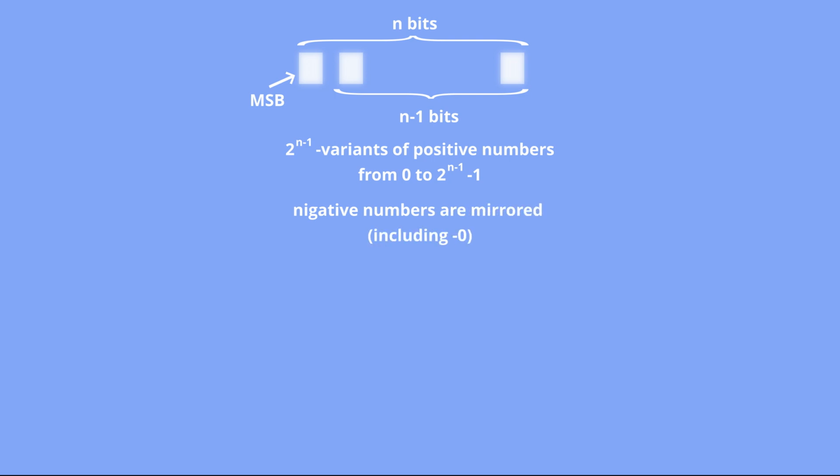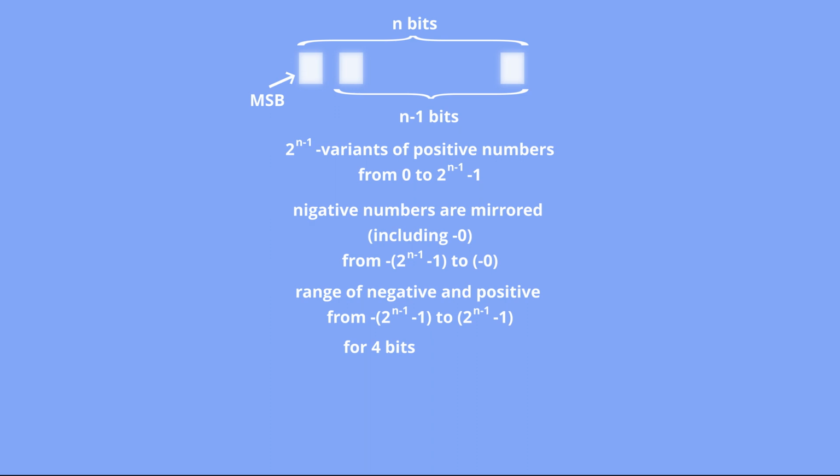So we can represent negative numbers from minus 2 to the power of n-1 minus 1 to negative 0. So total range is from minus 2 to the power of n-1 minus 1 to 2 to the power of n-1 minus 1. For example, for 4-bit sign magnitude notation, we have the range from minus 2 to the power of 4 minus 1 minus 1 to 2 to the power of 4 minus 1 minus 1. After the calculations, we obtain the range from negative 7 to positive 7.